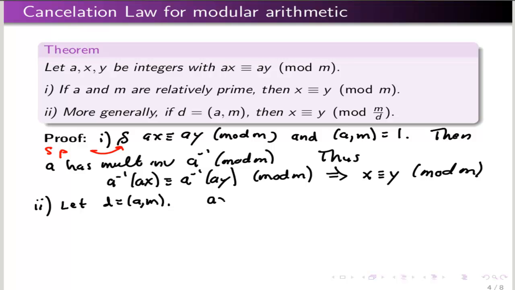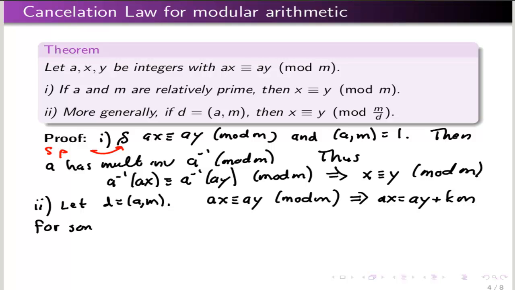So ax congruent to ay mod m means that ax equals ay plus km for some k in Z. And now I can observe that every one of these terms, we've got 3 terms, has a factor of d. So I'll just divide everything through by d.